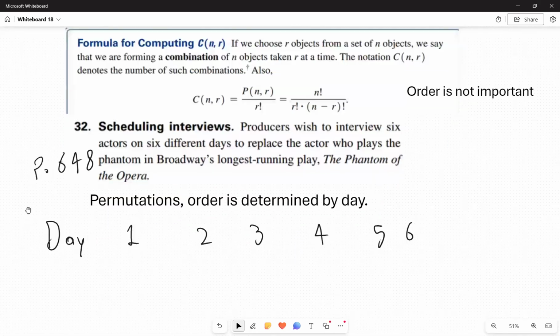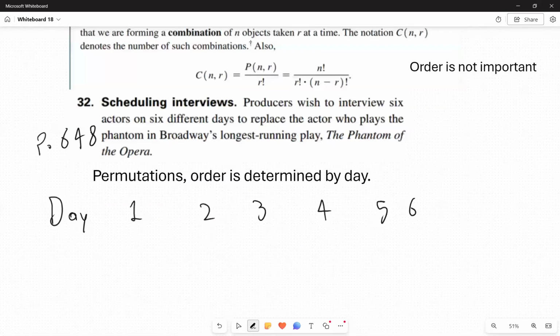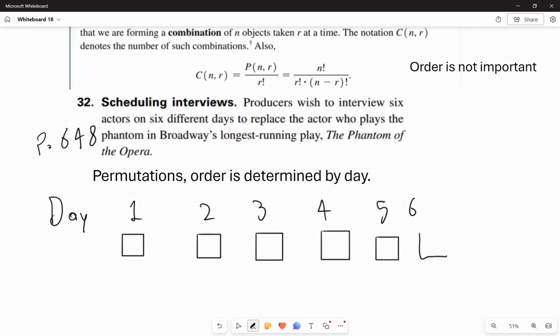And we can count the number of ways with a slot diagram. So they have 6 actors for the first day, they can interview 6 actors. Once they interview the first actor, they have 5 on the second day, 4 on the third day, then 3, then 2, then 1. So this happens to be 6 factorial.